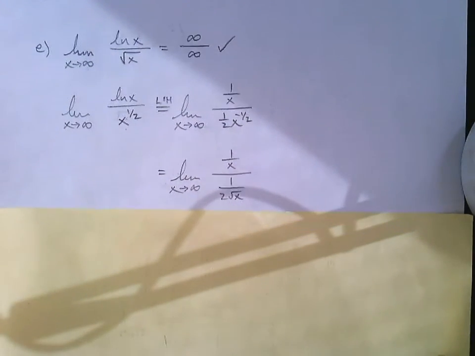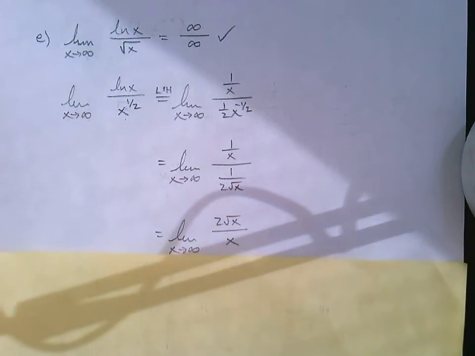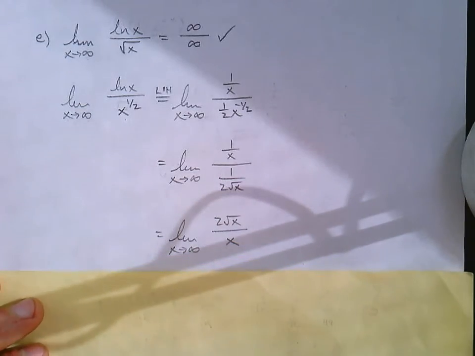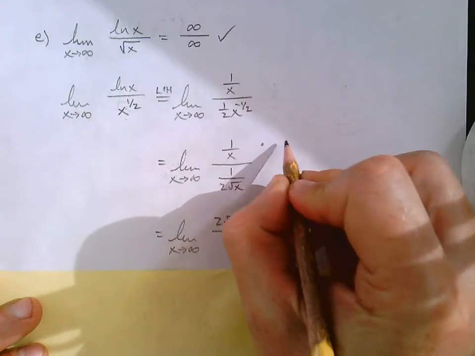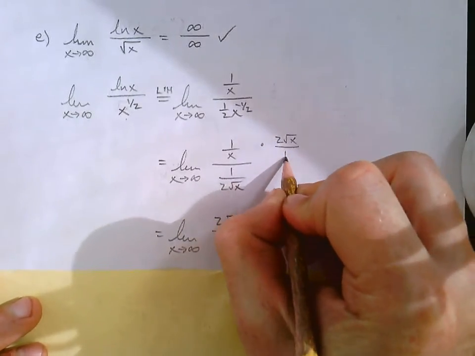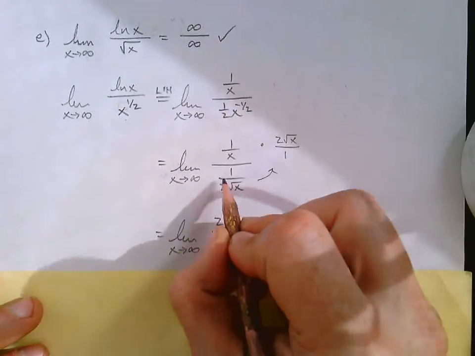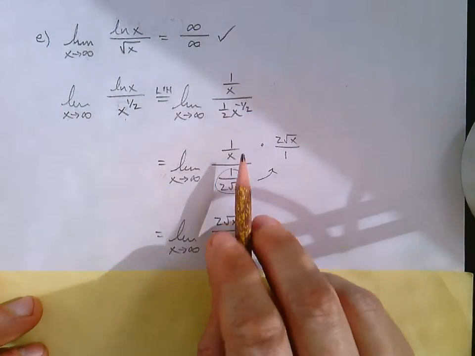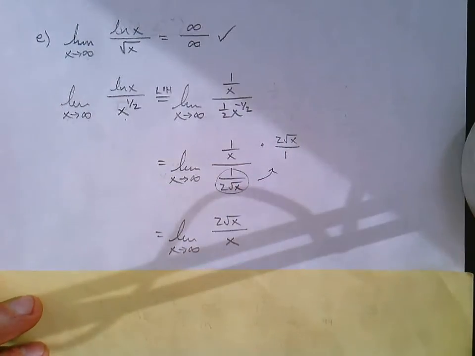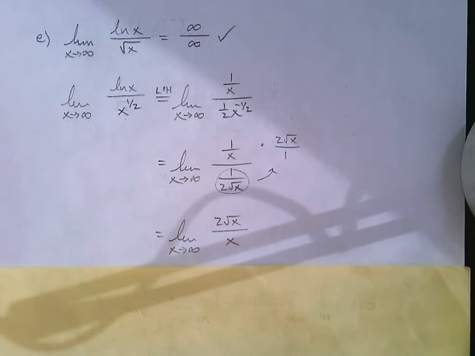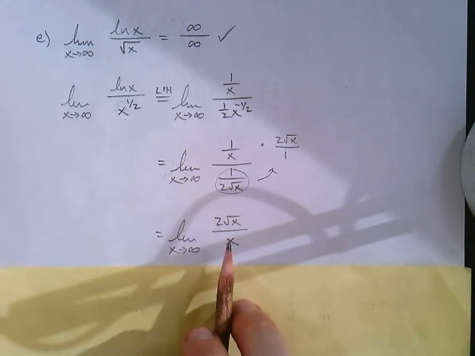And then we're going to do our flip and multiply thing. I kind of skipped that step, right? But we can imagine flipping this and multiplying. So 1 times 2 root x, x times 1, we get to here. And it's looking a lot better. Looking good. 2 square root x over x.